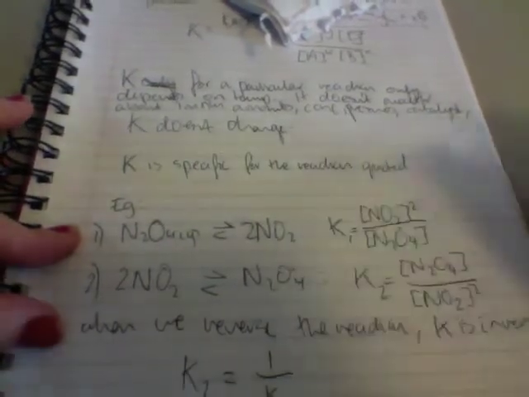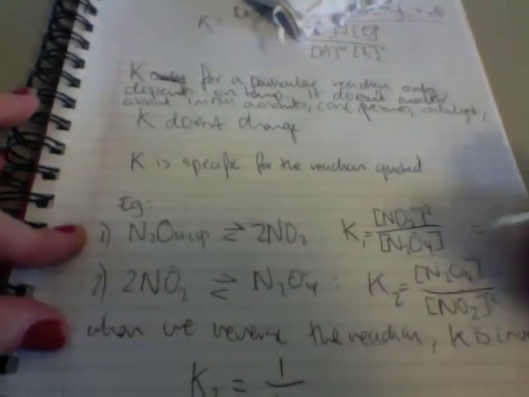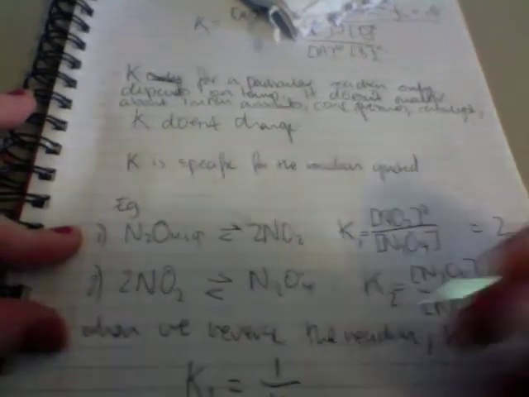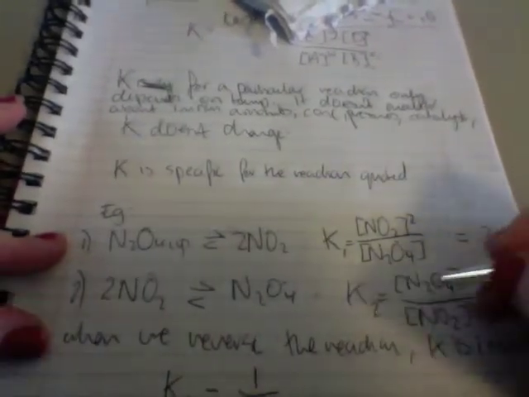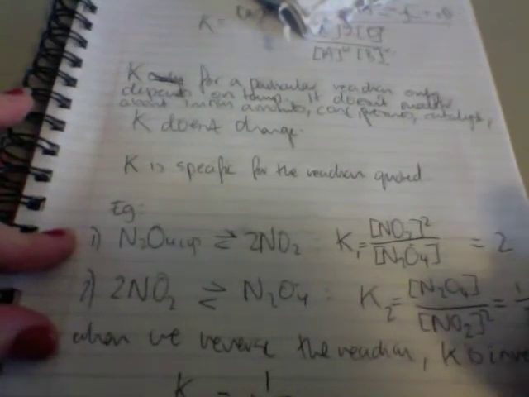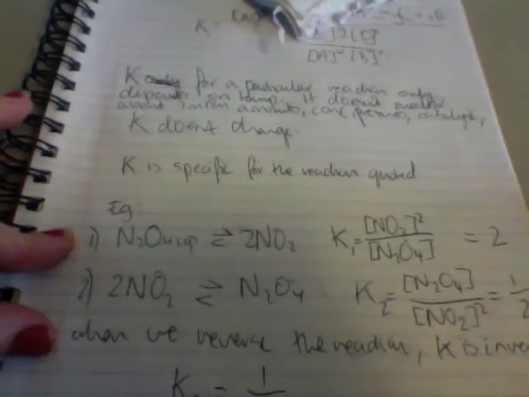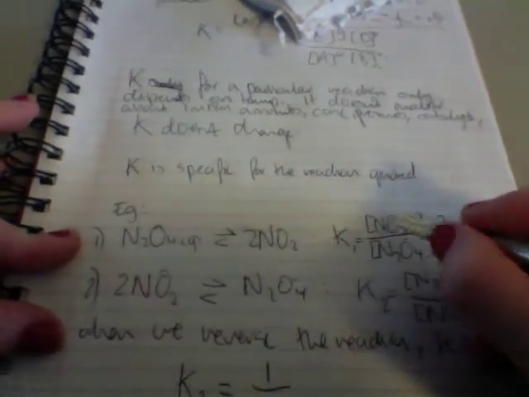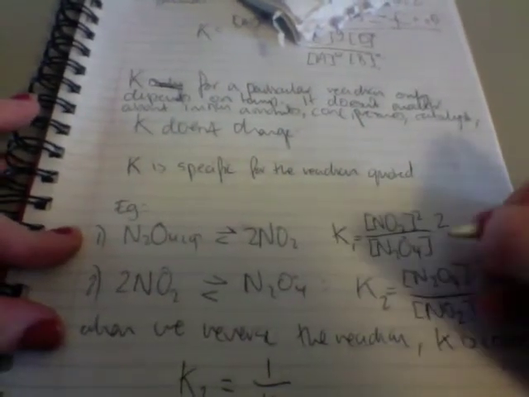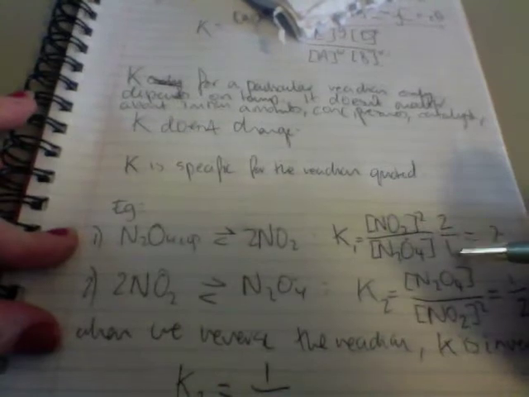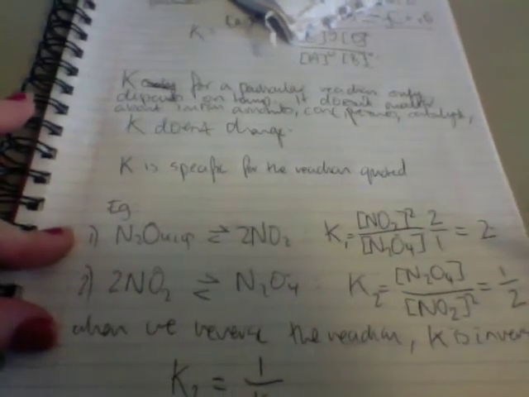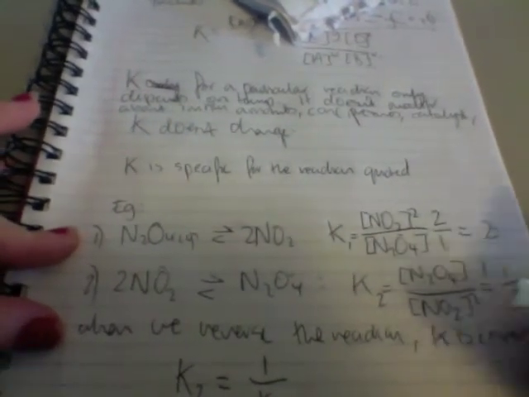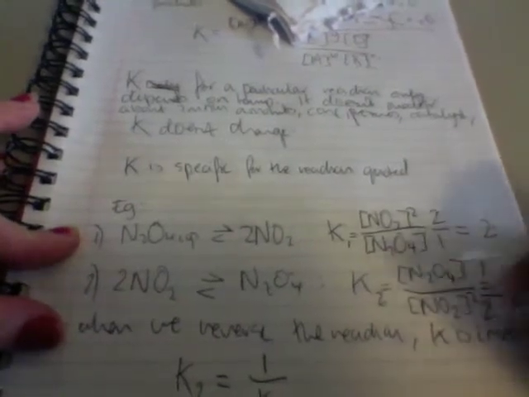So when we reverse it, K is 1 over K1. So let's say K1 equals 2. We know that as a value. K2 equals 1 over 2 or a half. You can imagine that if K1 equals 2, then the concentration of our products is 2, then this might be 1. Well, it has to be 1 to fulfill that. We simply follow the rule.